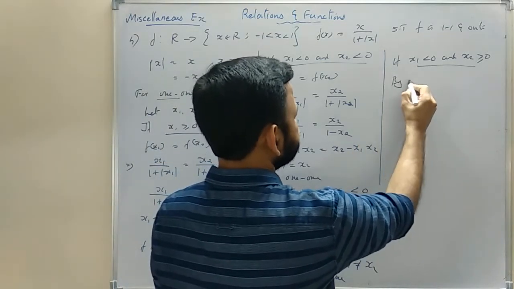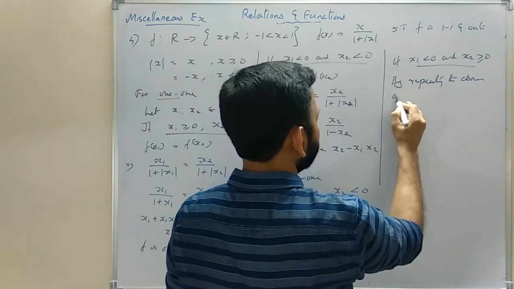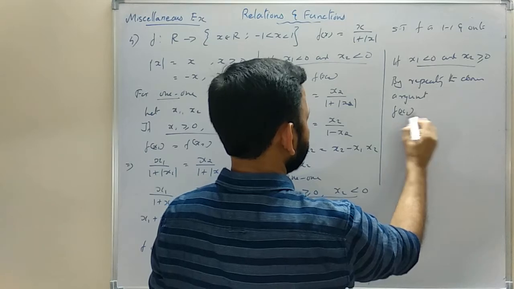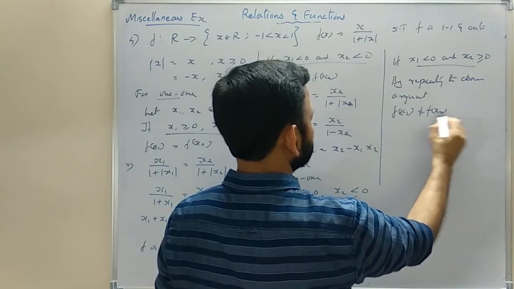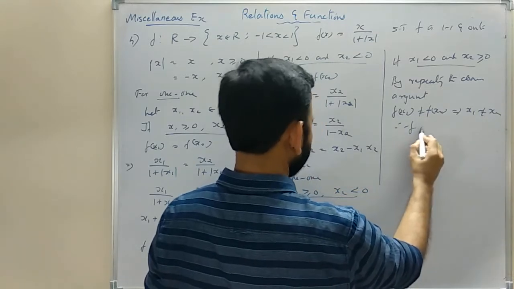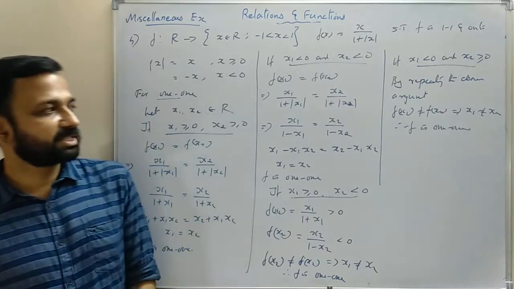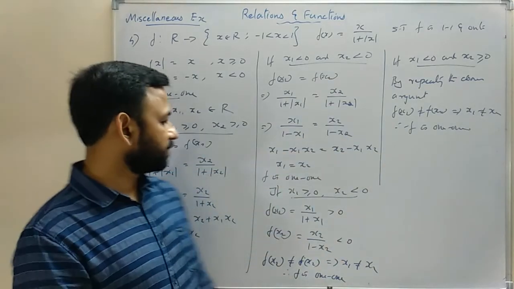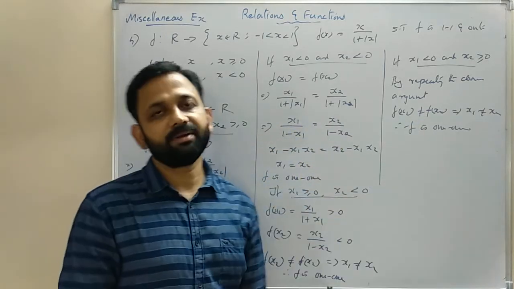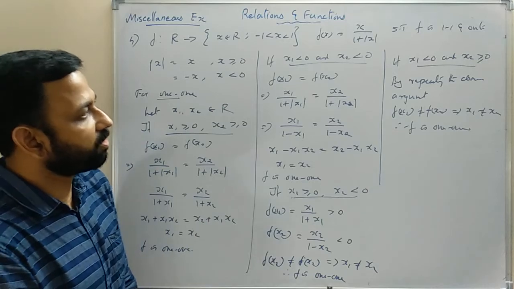By repeating the above argument, f of x1 not equal to f of x2 implies x1 not equal to x2. Therefore f is a one-one function. So in all the cases we got f is one-one. So the given function is a one-one function. Now we have to prove that it is an onto function.